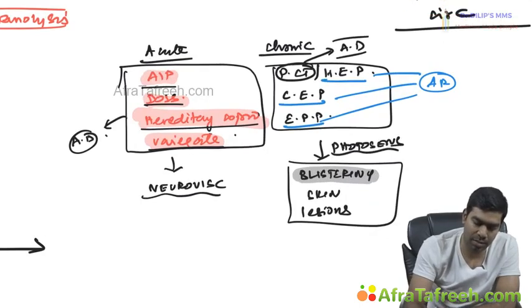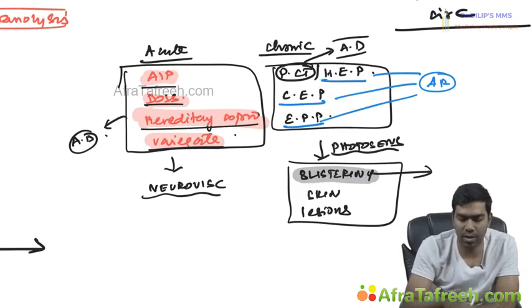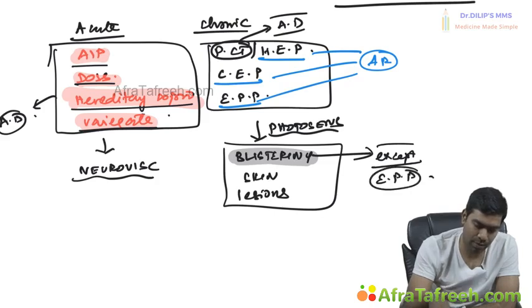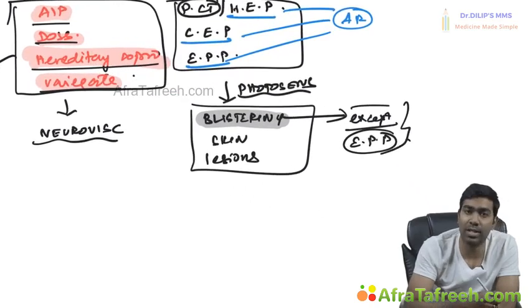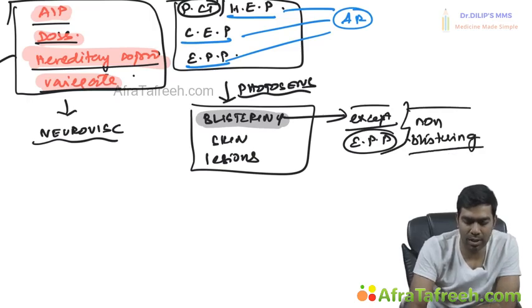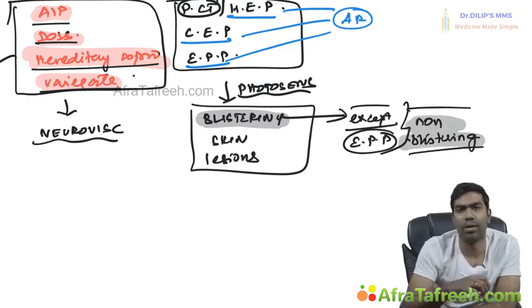But you know very well, there is one exception to this blistering skin lesion, that is erythropoietic protoporphyria. What is the exception I am mentioning? They tend to be non-blistering in nature. Very, very, very important point.